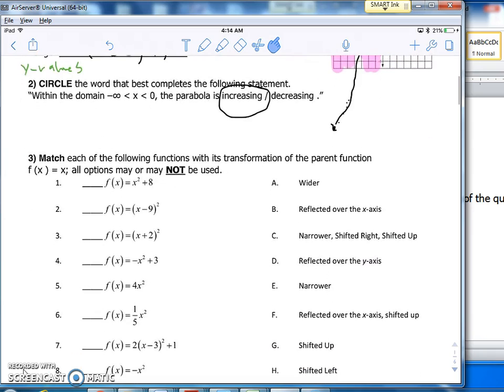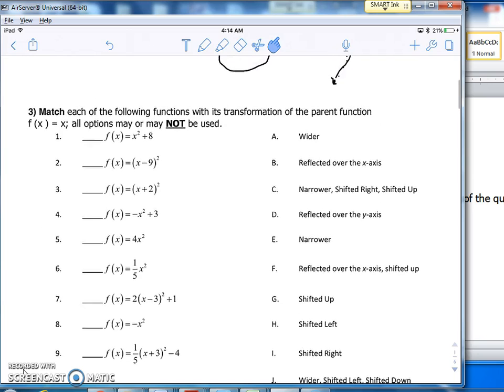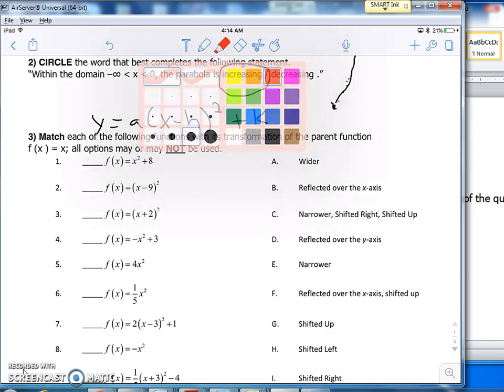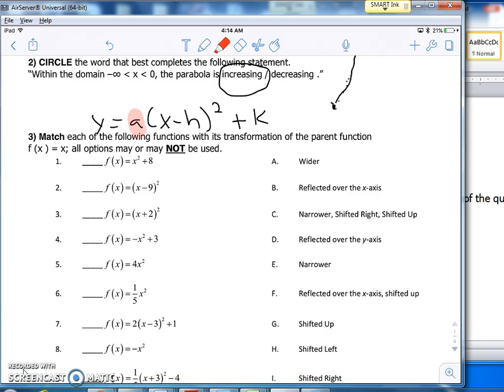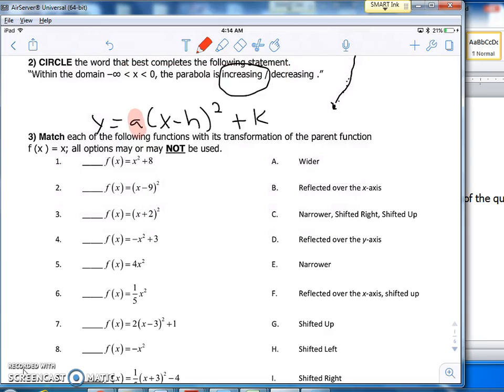All right, we did something similar to this on the first day's notes. So this all relates to our vertex form, which for number 3 is y equals a times (x minus h) squared plus k. And this a value, when a is negative, it's going to be a reflection.